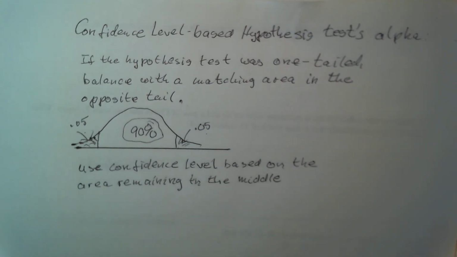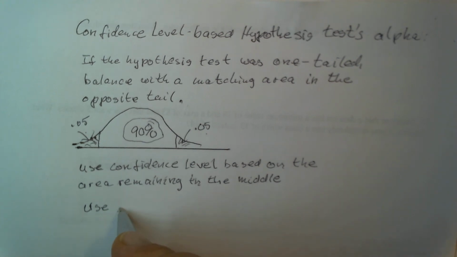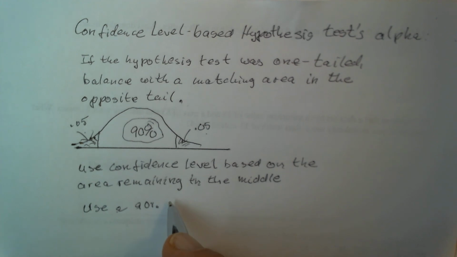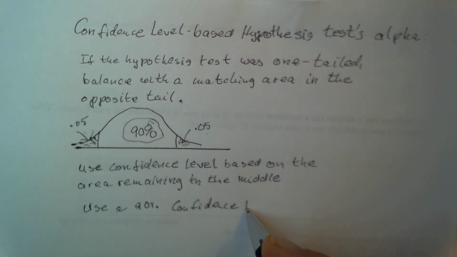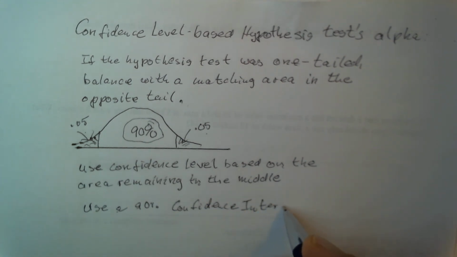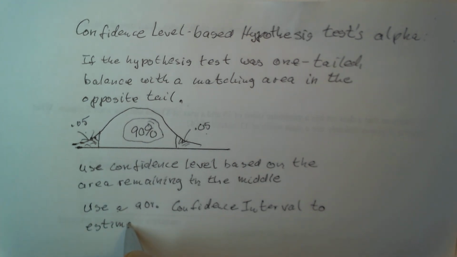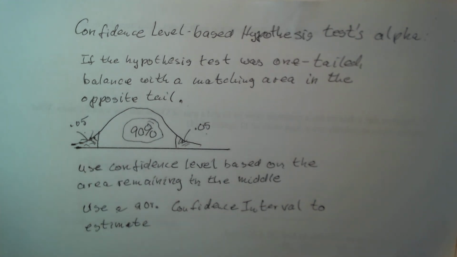So in this example, we use a 90% confidence interval to estimate the difference between the proportions.